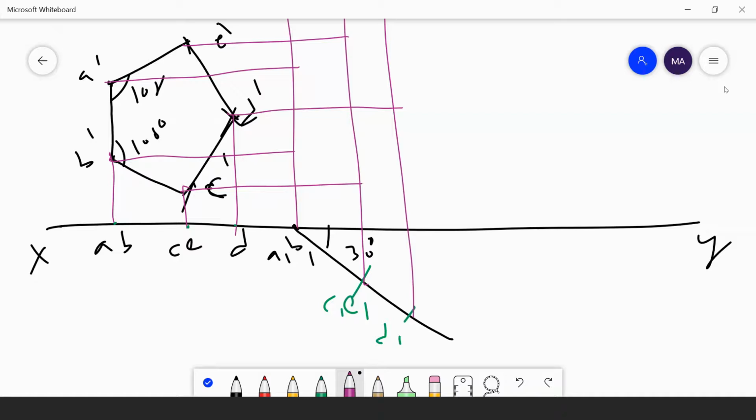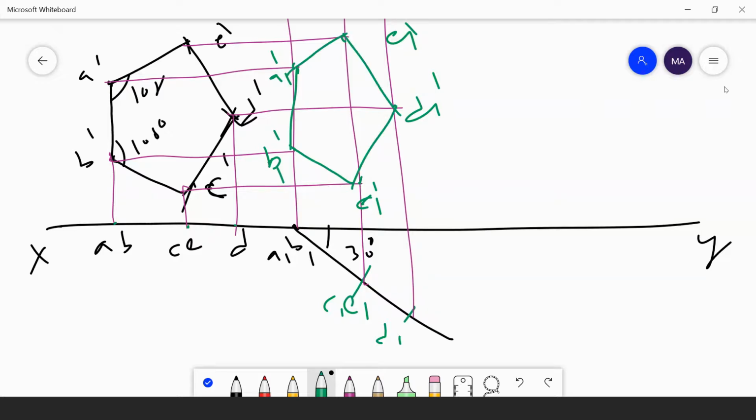After that, I mark the similar points here as A1 dash, B1 dash, C1 dash, D1 dash, E1 dash. Then I join all the points. Okay, this is your front view.